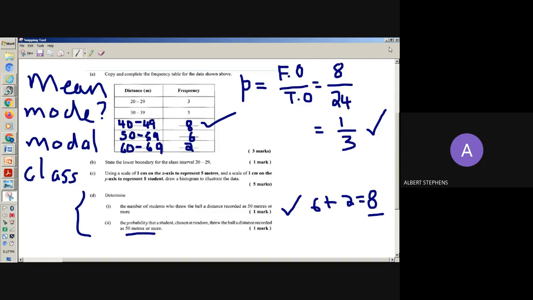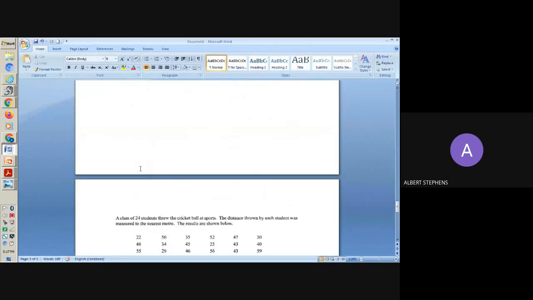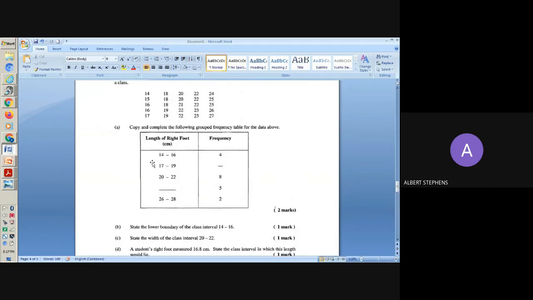All right. Good. So we've successfully constructed a histogram. Are you guys seeing this?